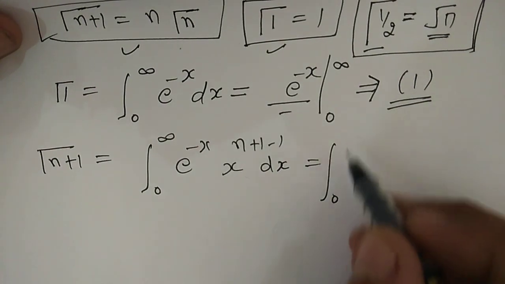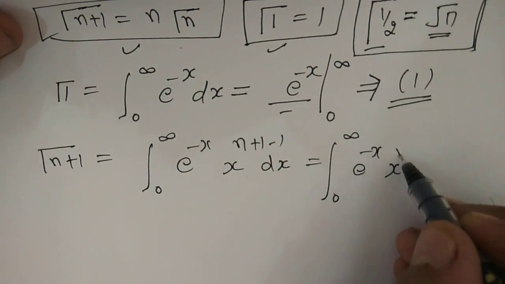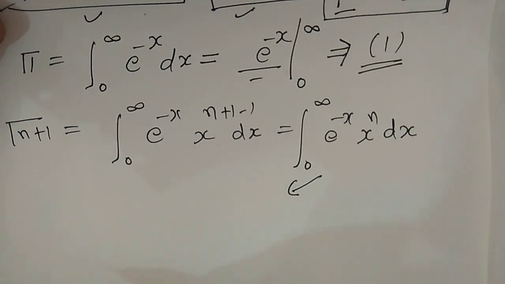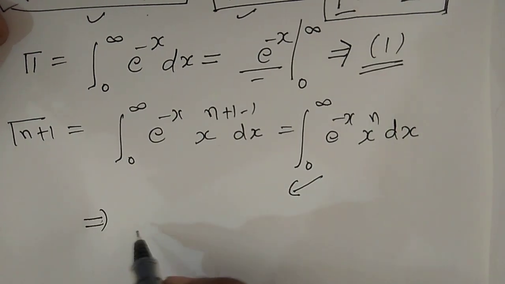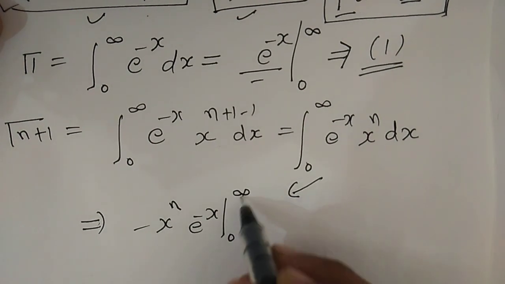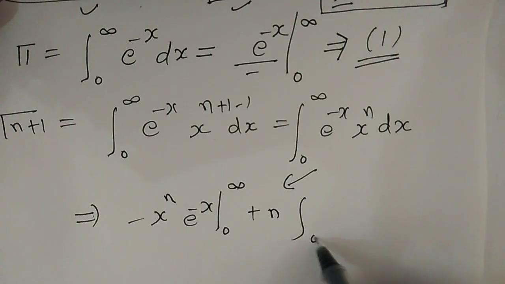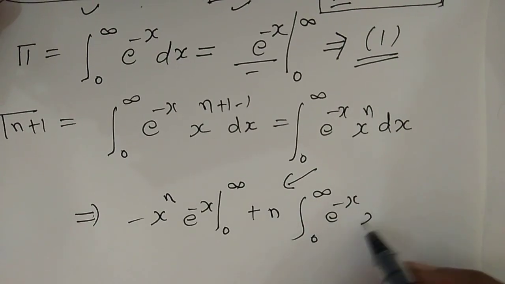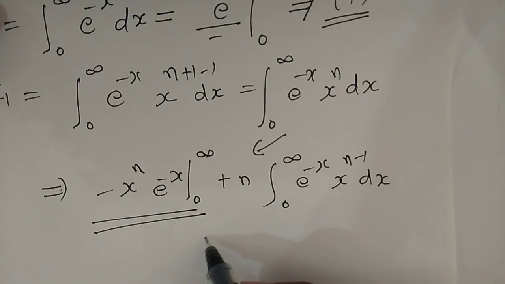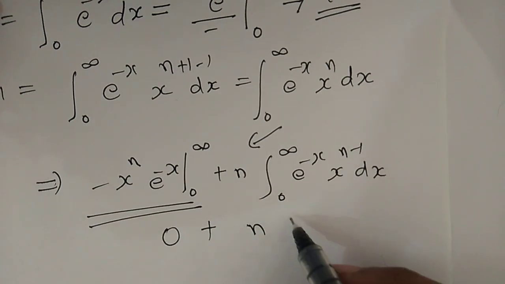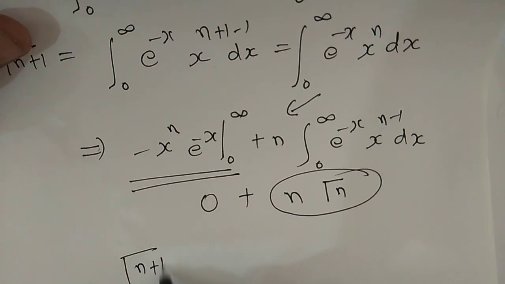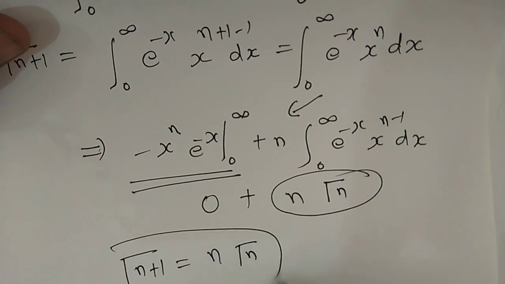So this will be integral from 0 to infinity of e^(-x) x^n dx. Now using integration by parts, we get -x^n e^(-x) from 0 to infinity plus n times integral from 0 to infinity of e^(-x) x^(n-1) dx. This part will be 0, so we get 0 plus n times gamma n. So gamma of n plus 1 equal to n into gamma n.